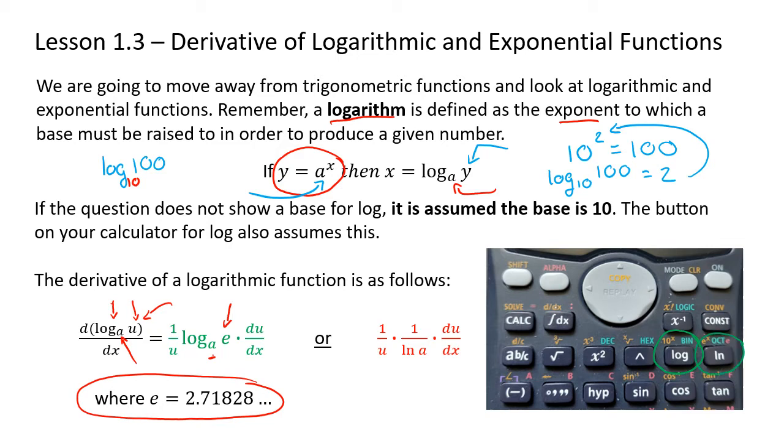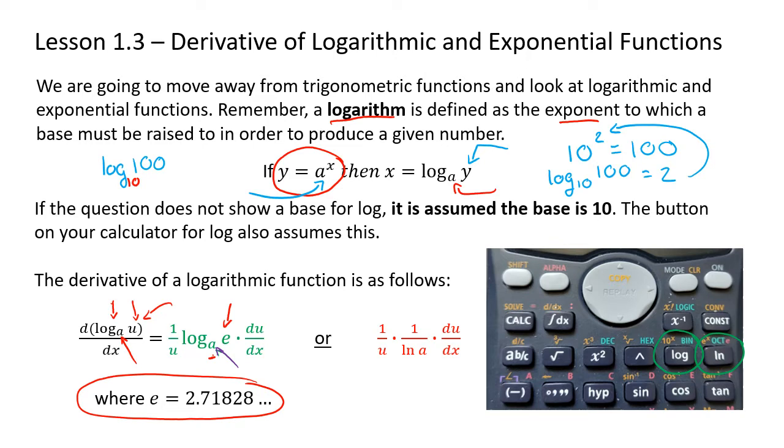Most of you will be familiar with this. But what makes it easier is, like I said, what's really hard is if the base here, I'll change colors to purple, is not 10. If that value of a is something else, you can't put that in your calculator and obtain a number.